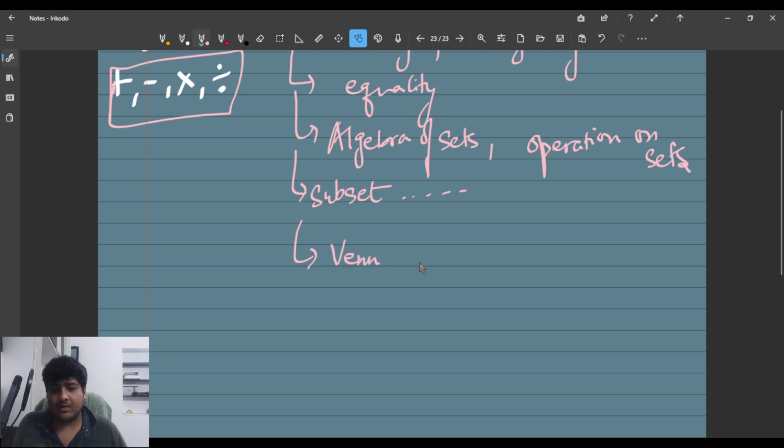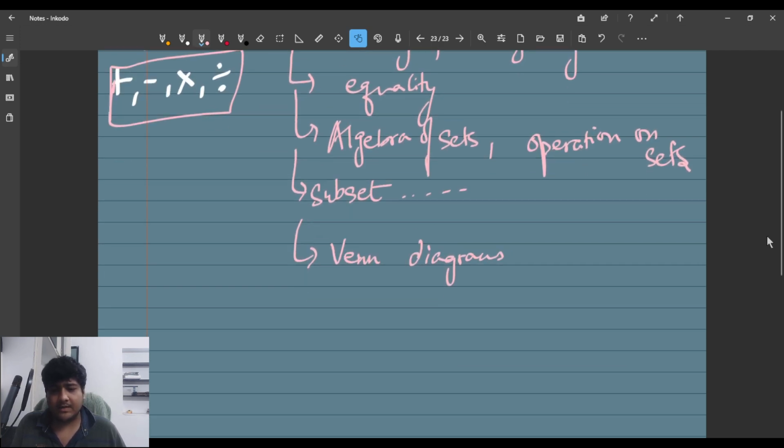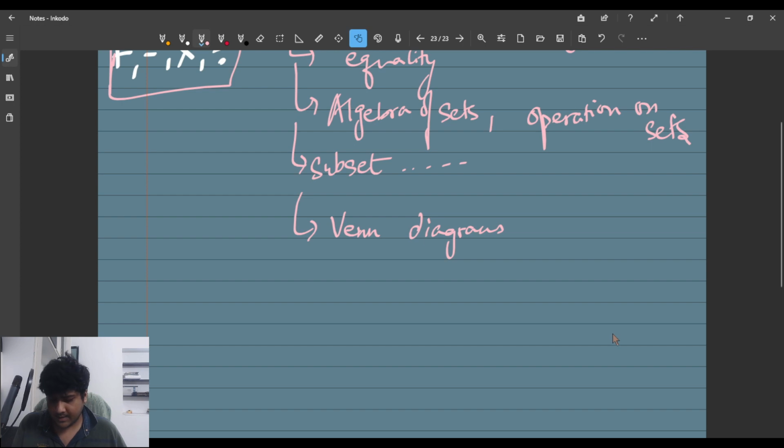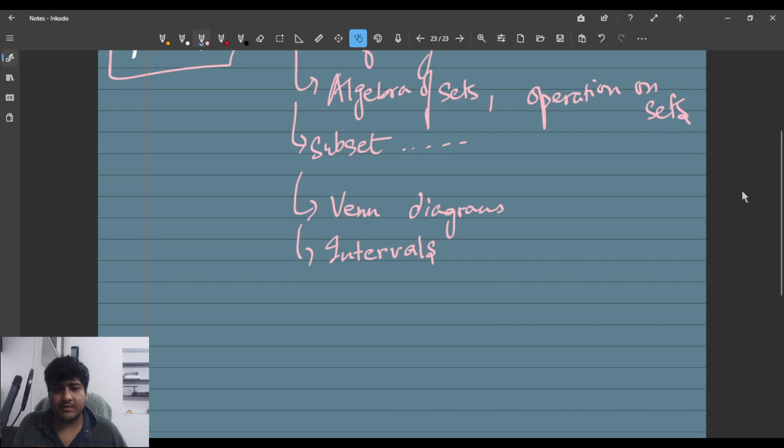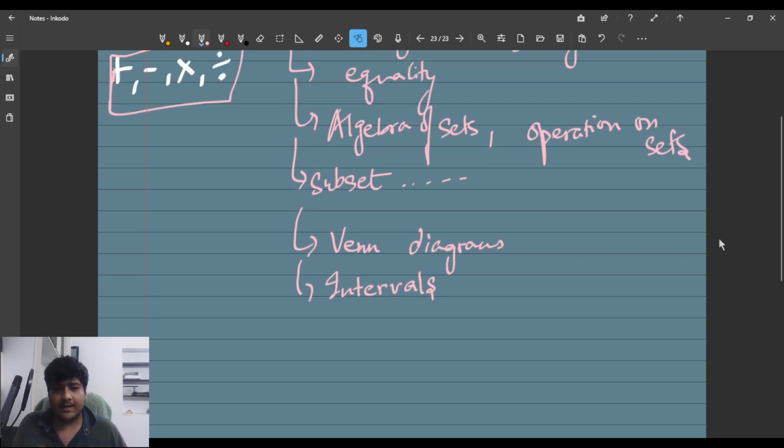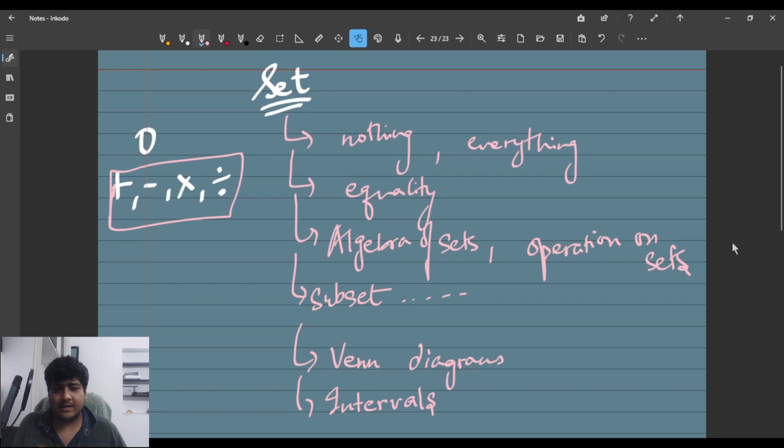All these are just topics, and we'll look at something called intervals. People might know what intervals are by now, but anyway, we'll define intervals. We'll probably look at how they are represented, and I think that'll be just it.